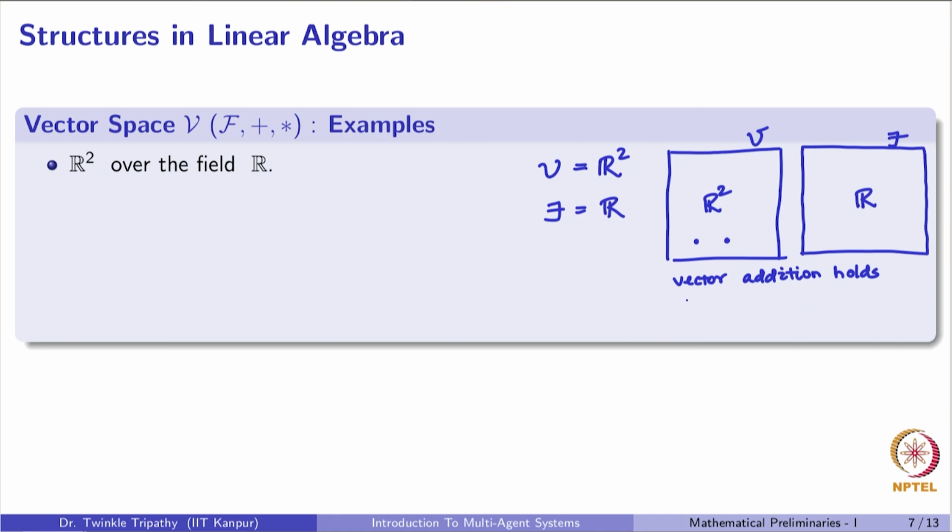Now the next thing that we check is the scalar multiplication. In the scalar multiplication, I take some element here, meaning let me take some real number C and multiply it with some element in R2 like this. Now obviously this satisfies the closure properties because this belongs to R2.